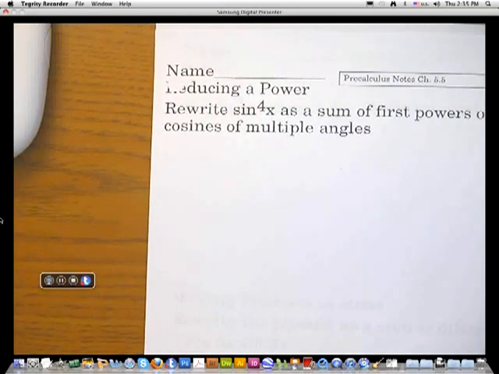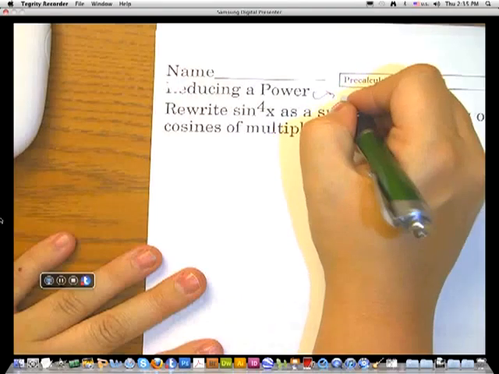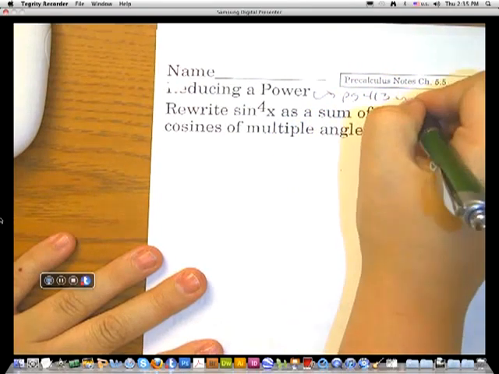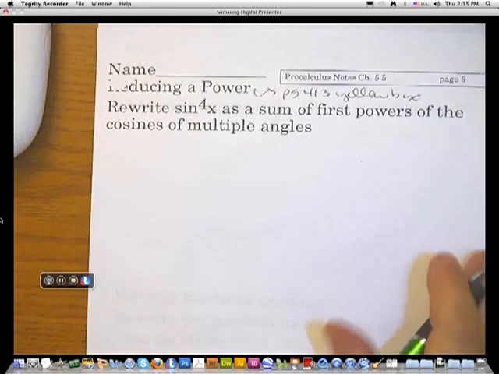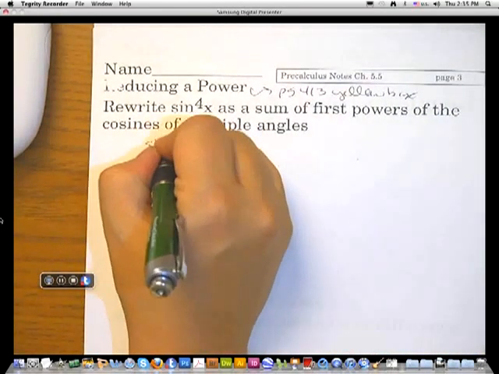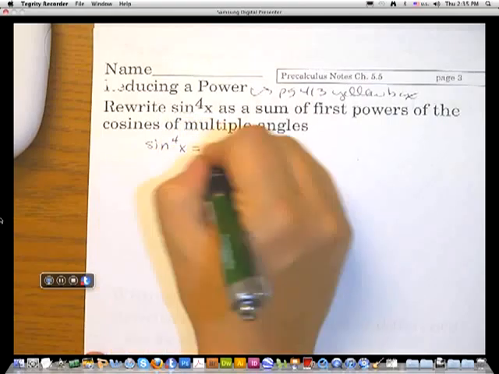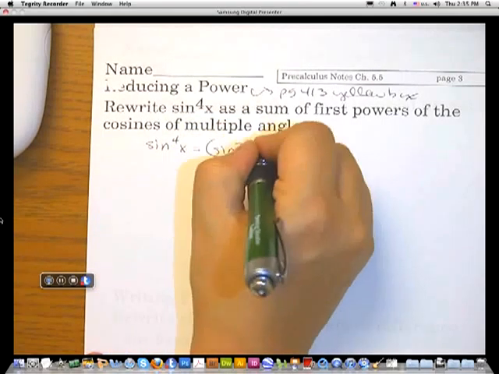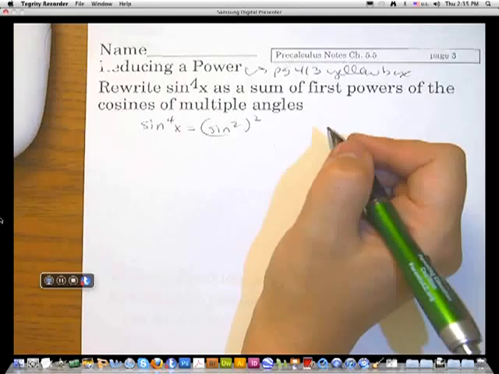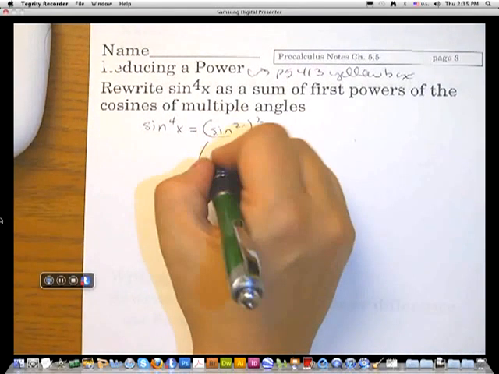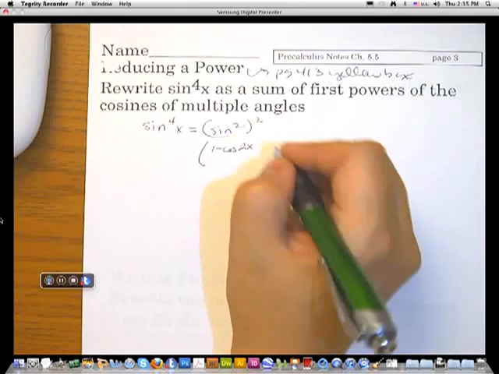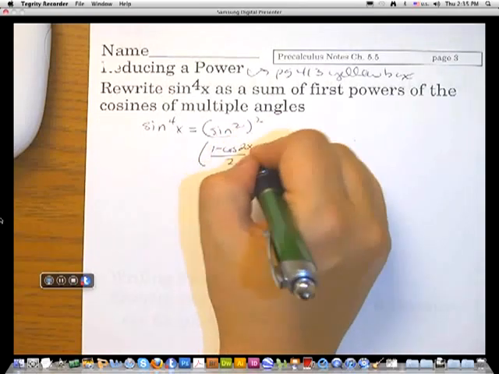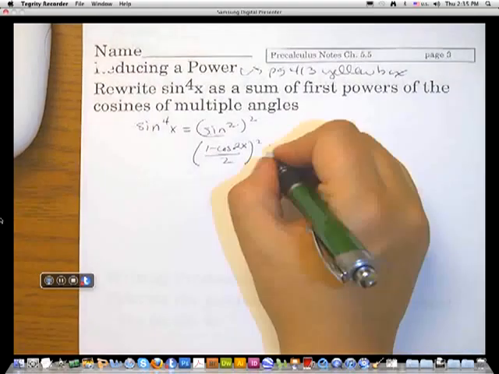Reducing a power. You could also look at page 413 in the yellow box. So we're going to have sine to the 4th is really sine squared squared. Sine squared is 1 minus cosine 2x over 2, squared.